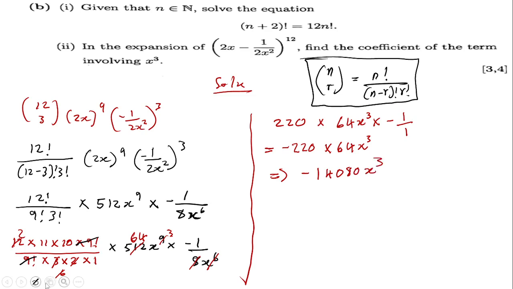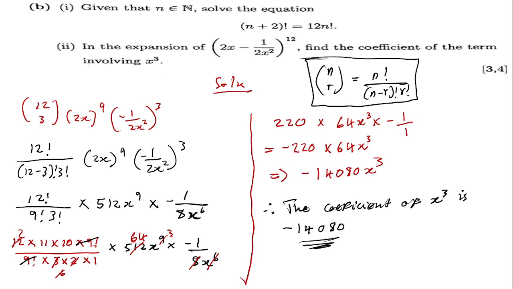So after I do that, I have found the coefficient. Therefore the coefficient of x cubed is negative 14,080. So this was the final answer.